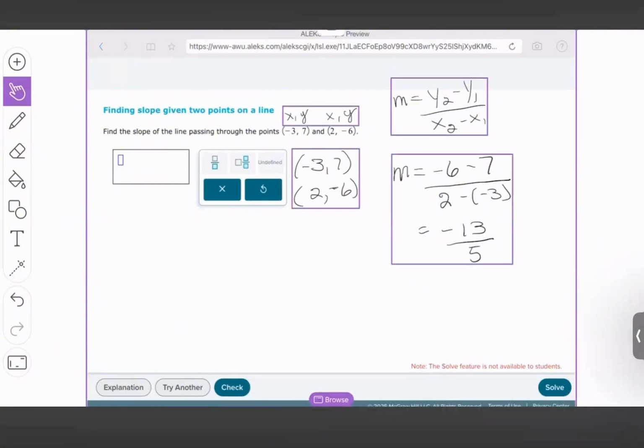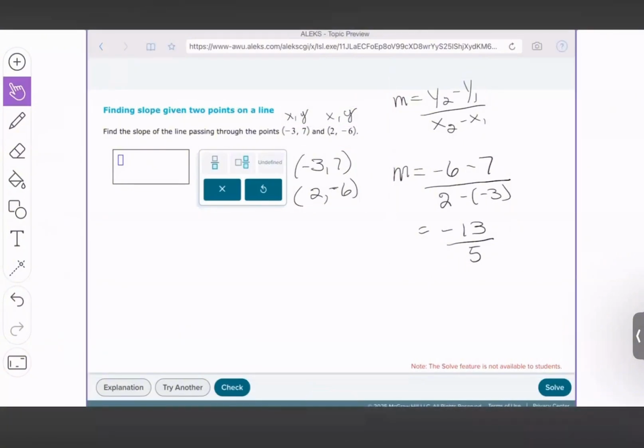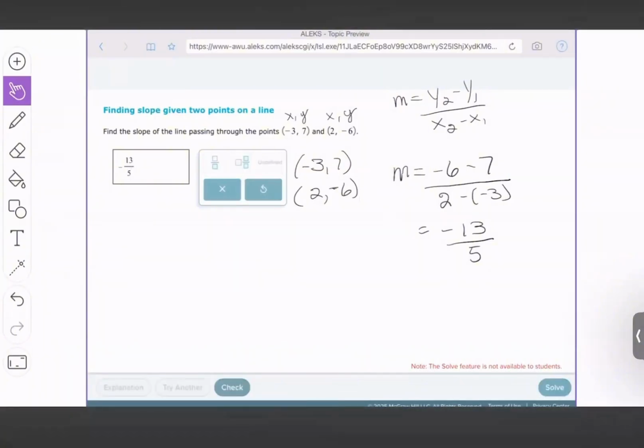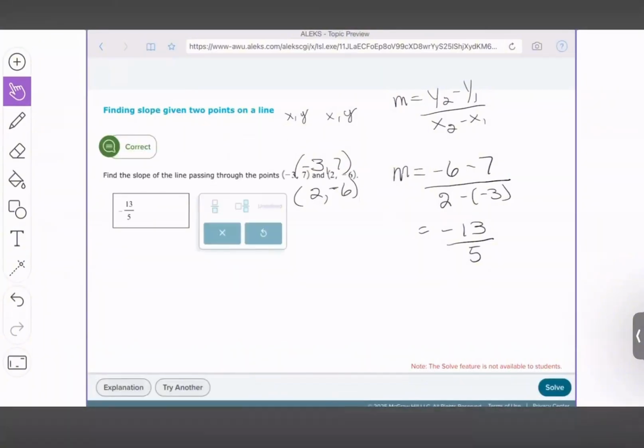Let's just check our answer. For some reason, it does not like my Apple Pencil. And I just hit the slash just to keep it simple. Okay.